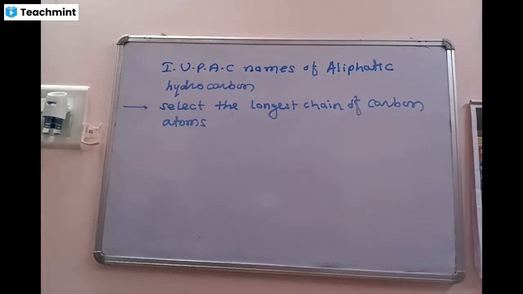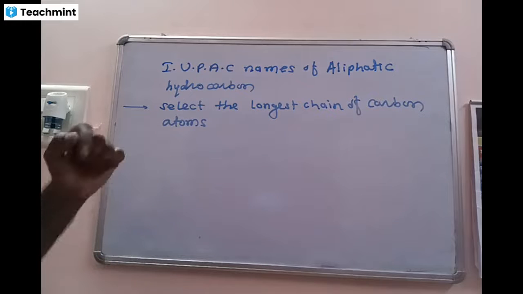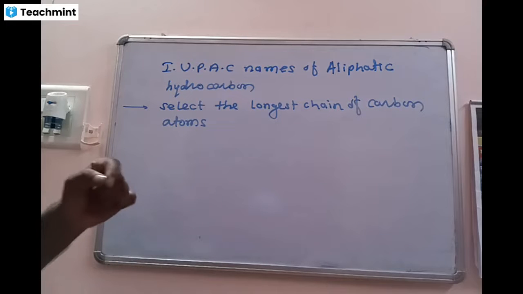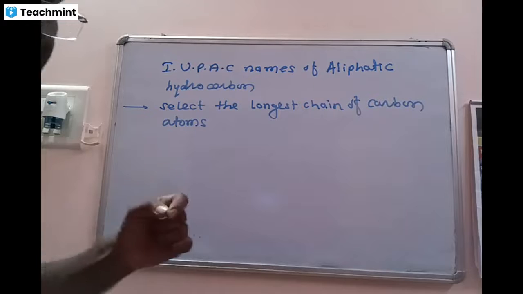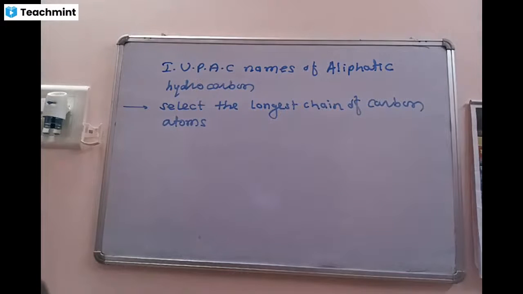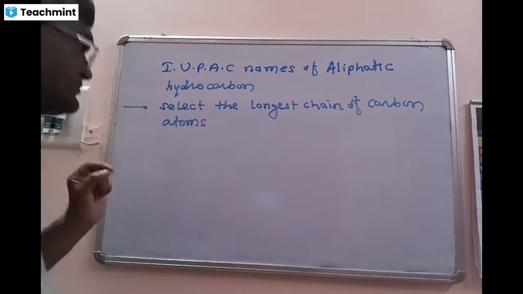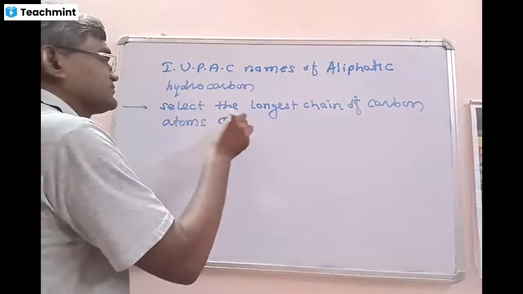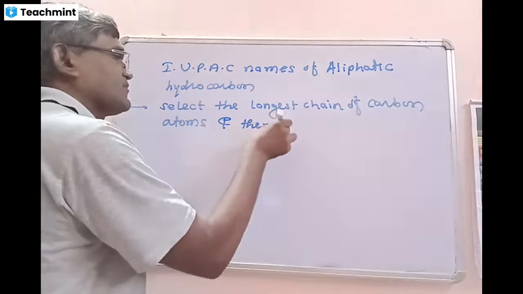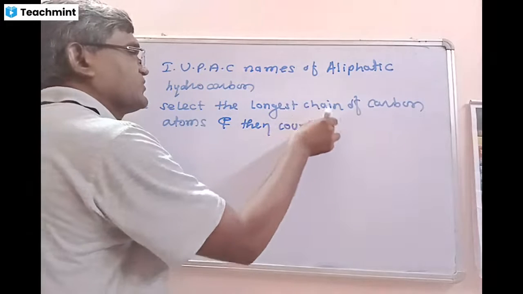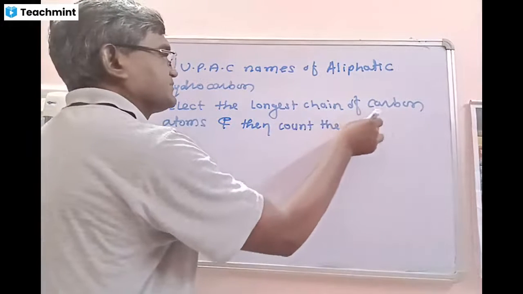But if the side chains are there, then you have to look for the greater number of carbon atoms along that chain. Are you getting what I'm saying? You have to select that chain which will have the more number of carbon atoms in it. Then count the number of carbon atoms.